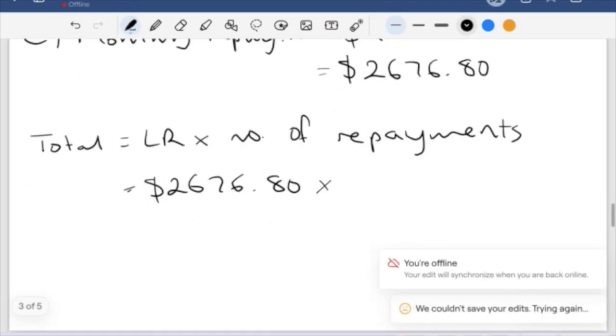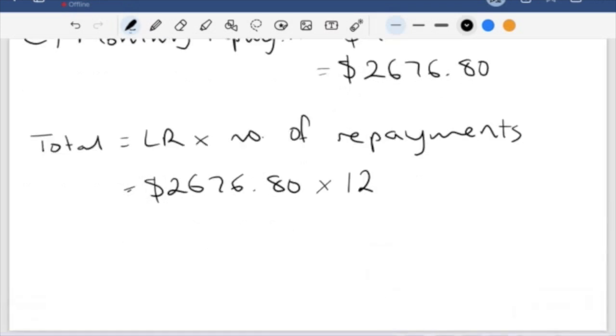We still have to times this by 12 because there are 12 monthly repayments every year, but we're multiplying this by 15 now because we're trying to pay off the loan in 15 years. Once we multiply this all through, we're going to get $481,824.